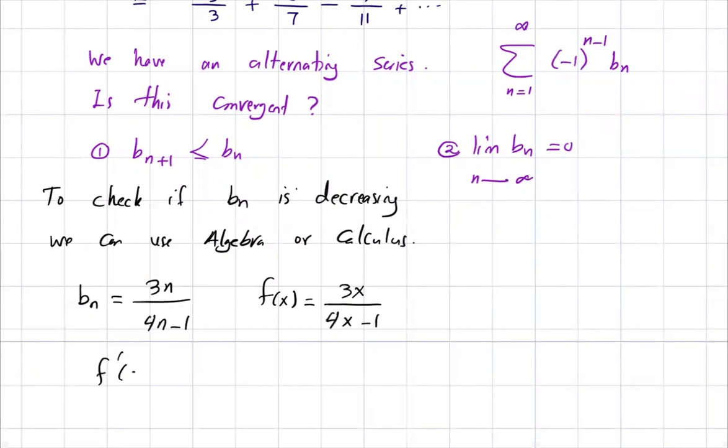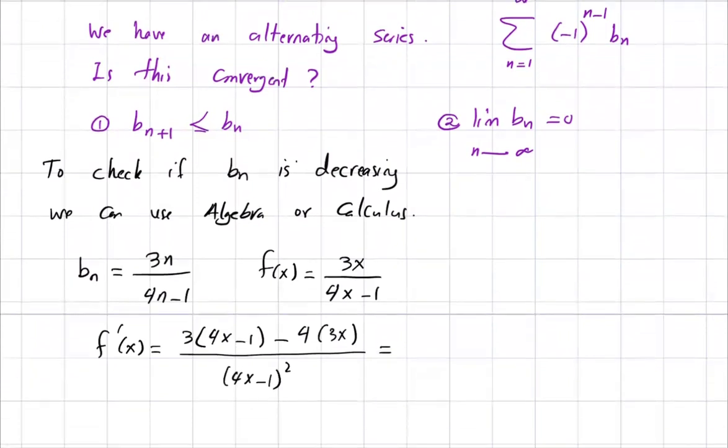The derivative is equal to 3 times 4x minus 1, minus the derivative of 4x minus 1 times 3x. You already know the derivative is 4. 4 times 3x, and then divided by 4x minus 1 to the second power. Then simplify as much as you can.